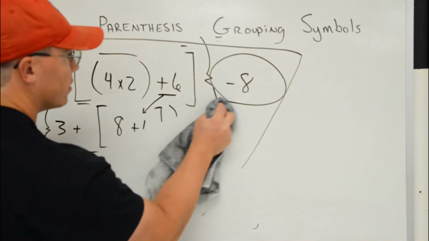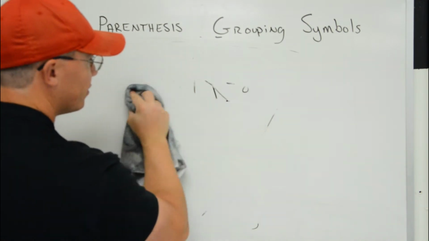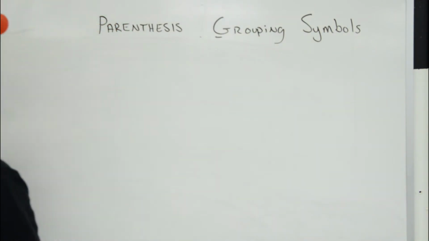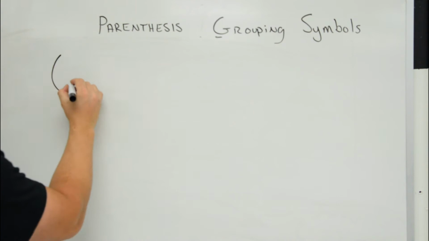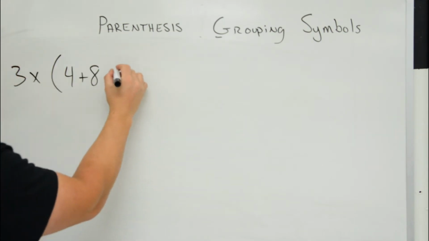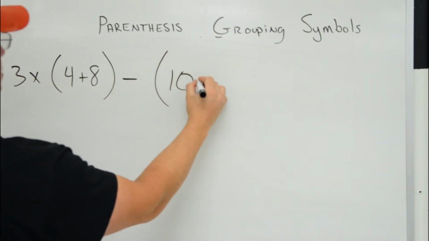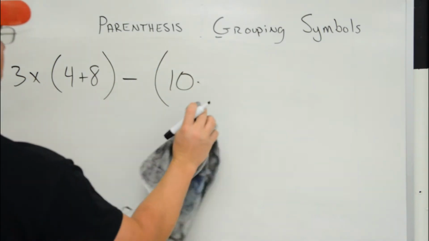All right, I'll give you another example. And this one has sometimes confused my students because it throws them off. So what do you do if you have something like this? Well, yeah.